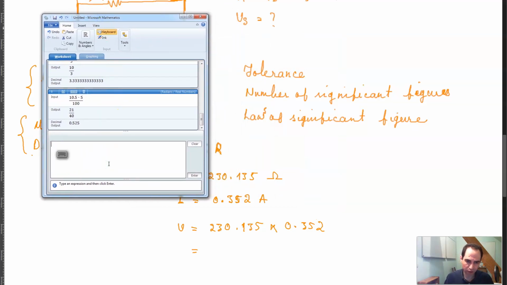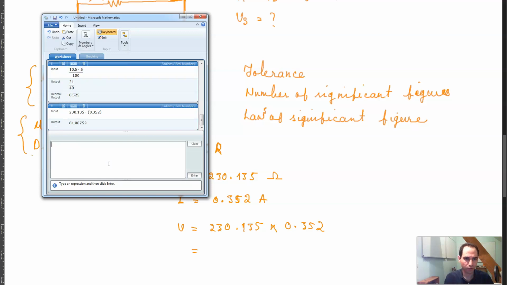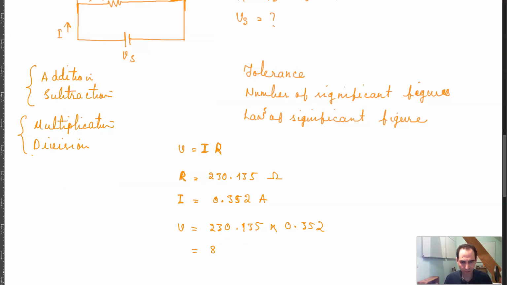You multiply 230.135 by 0.352, and you get so many digits here: 81.00752 volts, for example. That is the voltage across that resistor.